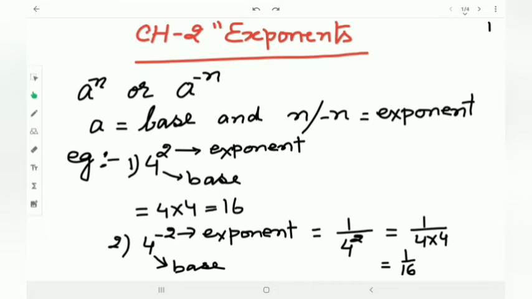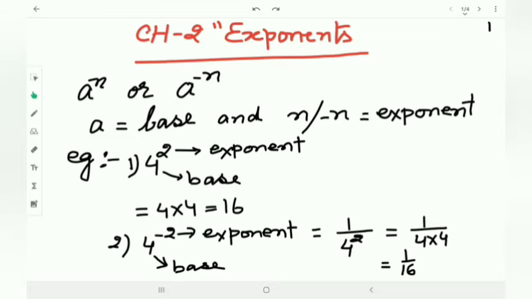We can express or define an exponent like a to the power n or a to the power minus n. Here you can see I have written n with a plus sign and n with a minus sign. It means we can write an exponent using a positive integer and using a negative integer.